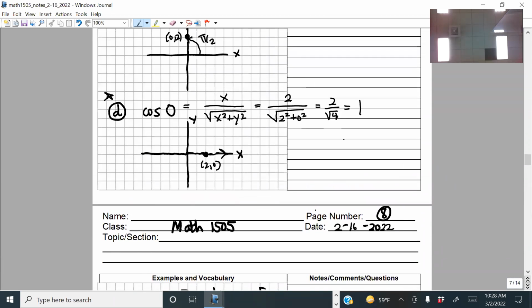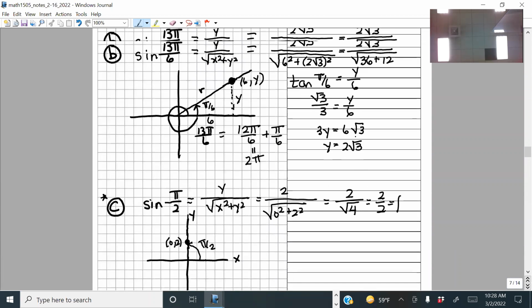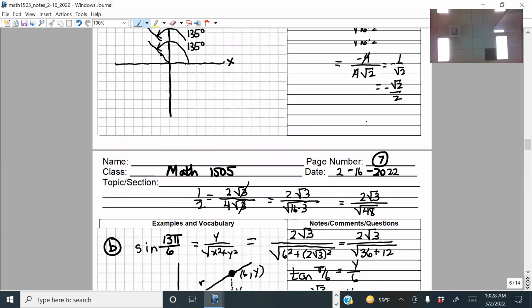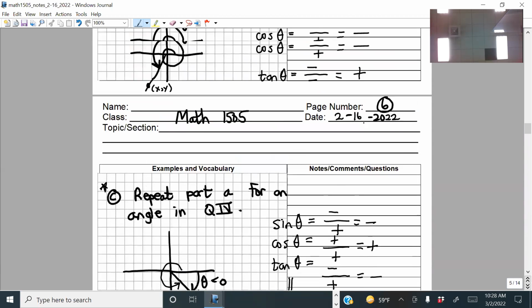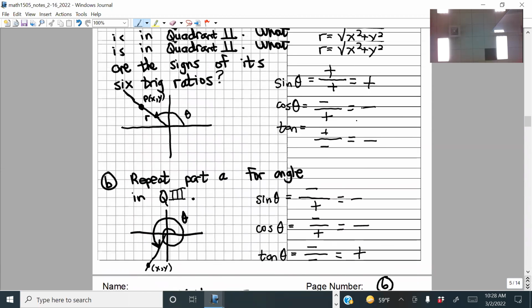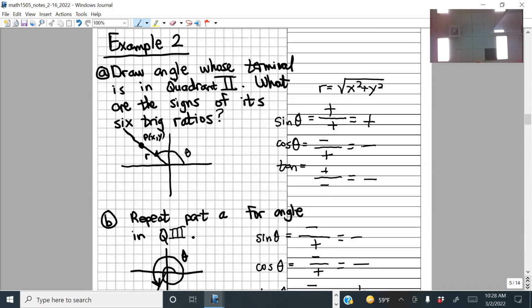But remember the idea. I have to scroll way up here to remind you of just what the basic idea was.